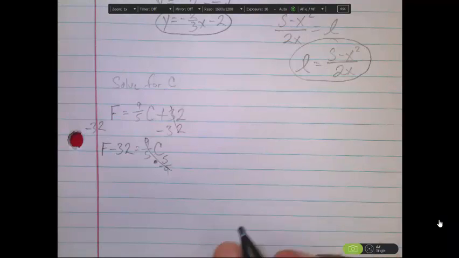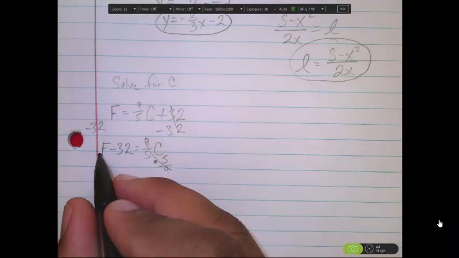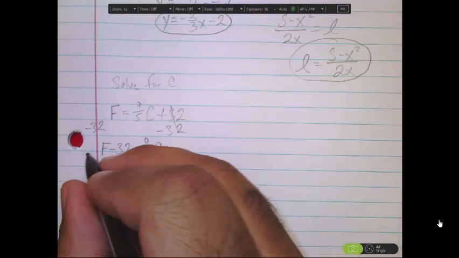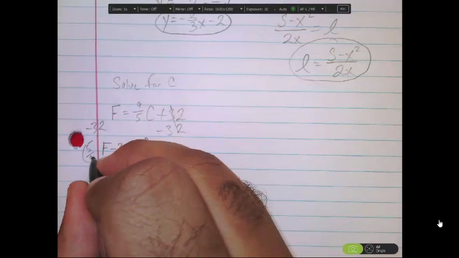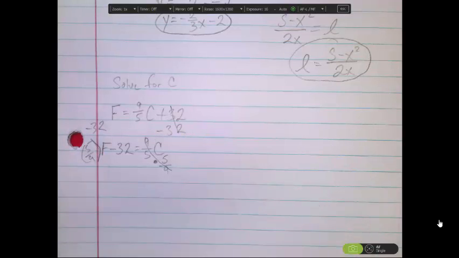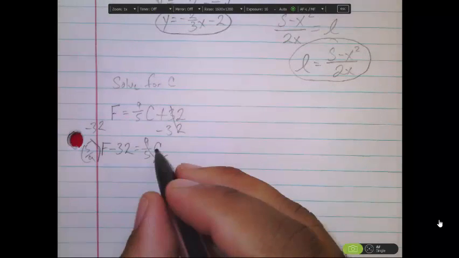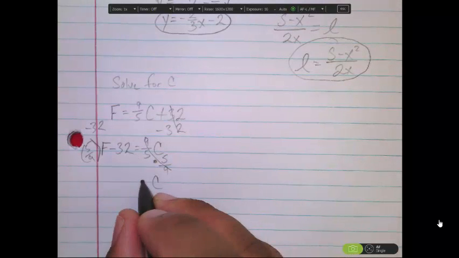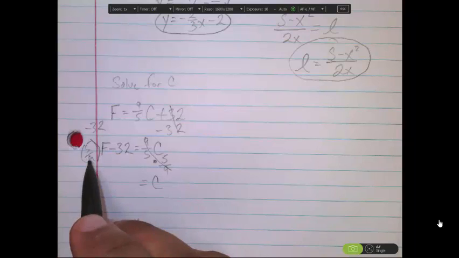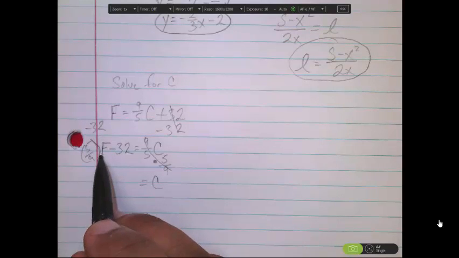All right, and whatever we do to that side, we have to do to this side. So we're going to multiply this side also by 5 ninths. Let's see how those things look. So let's bring everything down. The C is left by itself, the equal sign. Remember, we're multiplying 5 ninths times whatever value we get, F minus 32.